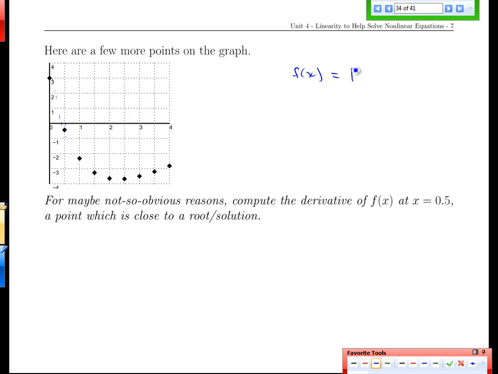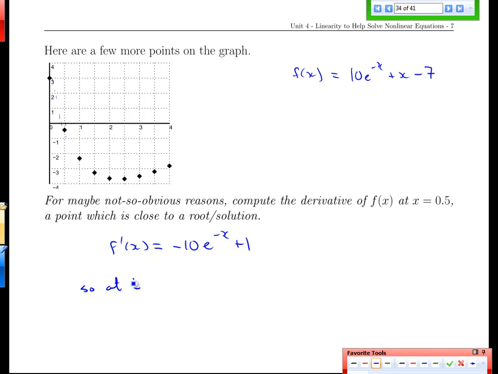Reminding ourselves of the function, 10 e to the negative x plus x minus 7. That means that f prime of x is going to equal minus 10 e to the minus x plus 1.